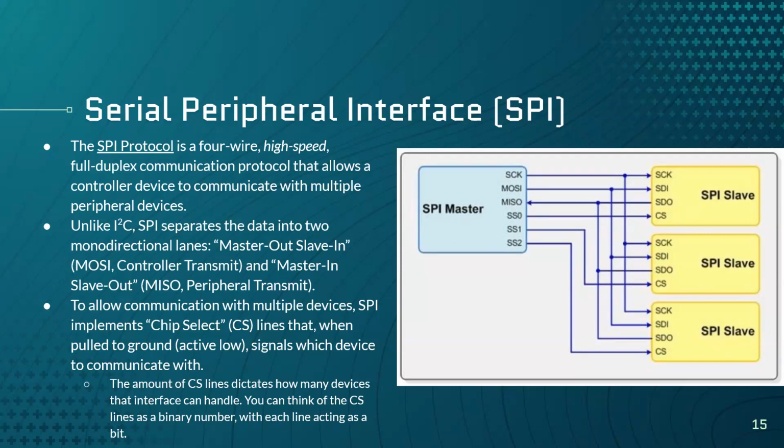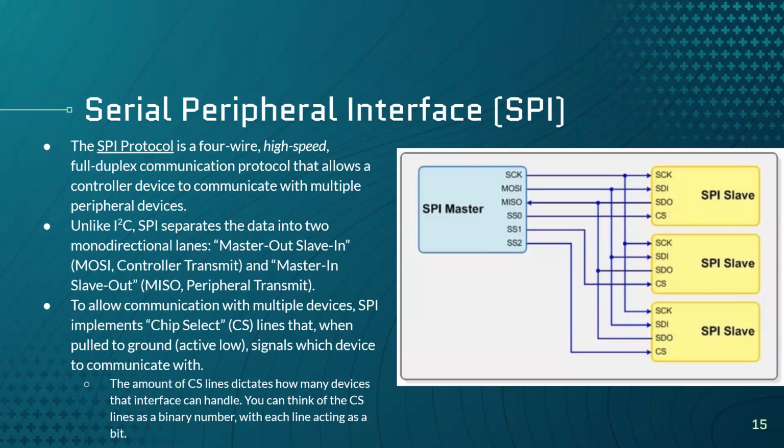Basically, think of them almost like a clock line, where they're acting as the synchronization for the protocol. If this chip select line goes high, then that device will be active.